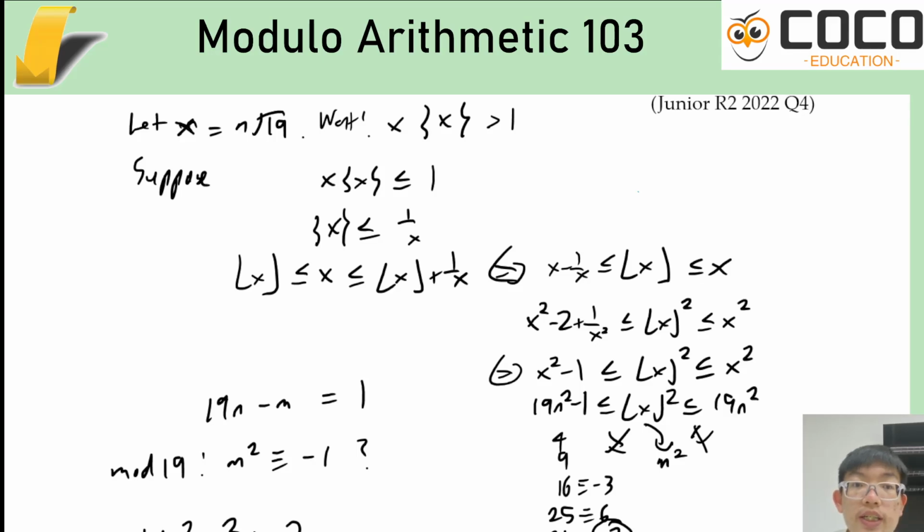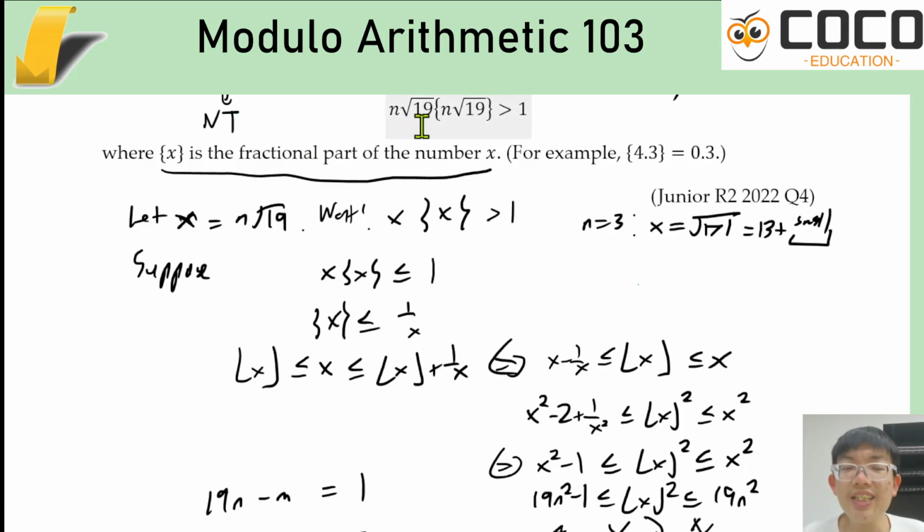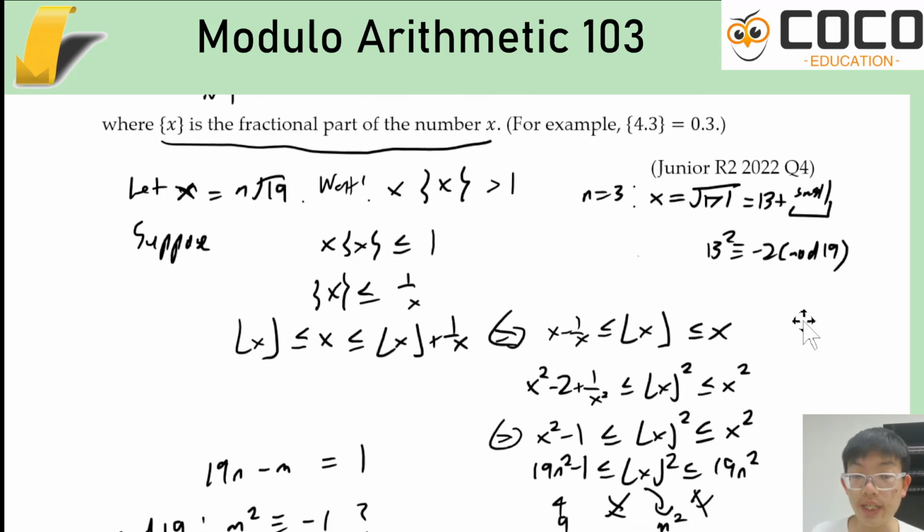And so if you tried, let's say n equals 3, you will find that this is very close to 13. This is something quite small, and so it is just about going to fit into the greater than 1 because of the fact that 13 squared is negative 2 mod 19. That's the closest you're going to get.